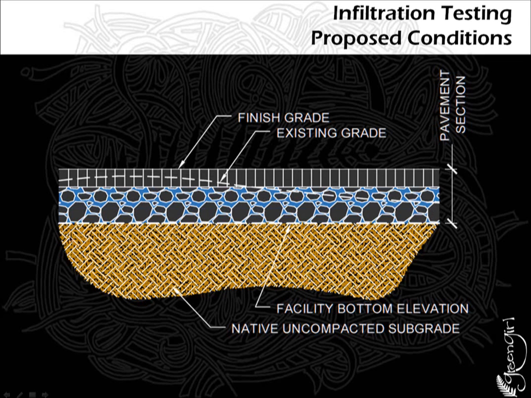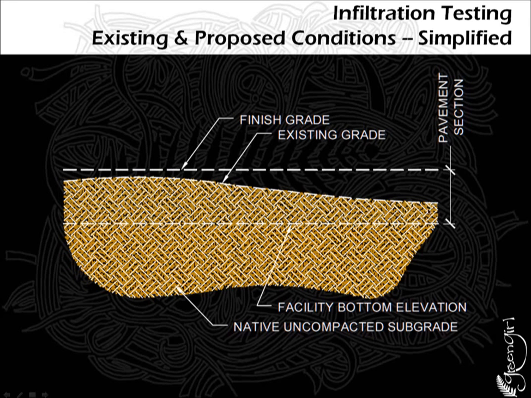The bottom of the pavement is in cut, and we've got our native uncompacted subgrade, our pavement section here, our finished grade there. So let's just simplify this picture a little bit. We've got our porous pavement section, existing grade. This is what it looks like when we go out to test it. So it's helpful to know a little bit about where the pavement's going to go in terms of site planning.